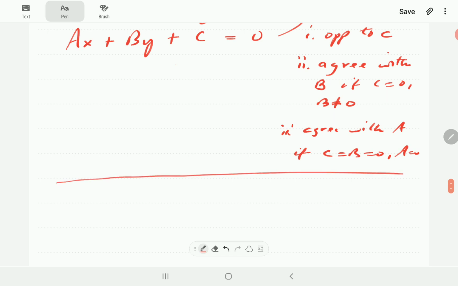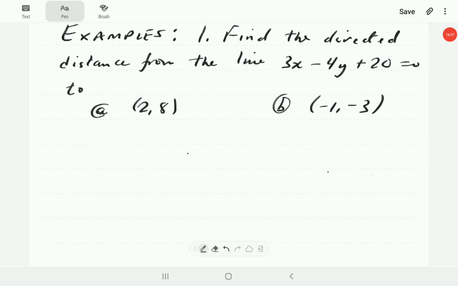Okay, so let's look at 2 examples now. In this example we want to find the directed distance from the line 3x minus 4y plus 20 equal to 0 to the point (-1, -3).